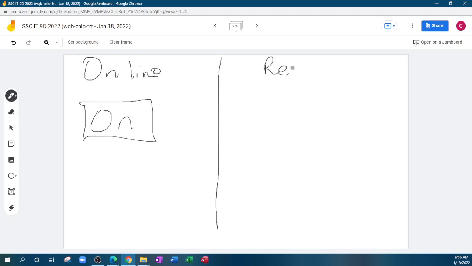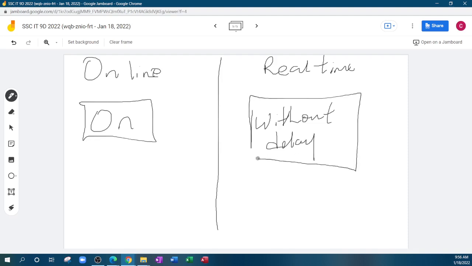And when you're real time, it basically means that you are processing the data without delay. There's no delay. You can process the data without delay. So online means the device is on. Real time means you're processing without delay.